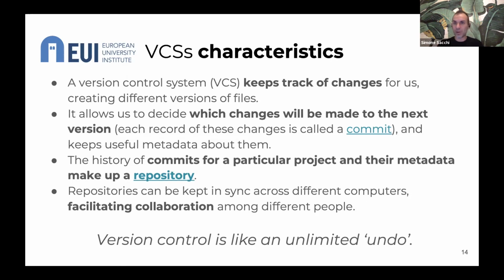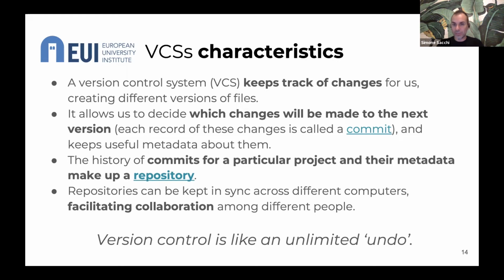A history of all the commits for a particular project, because the simple example is that you are working on one file, but it might be that you are not working only on one file, especially if you are writing a paper in, I don't know, LaTeX or other systems, or you are developing code, for example. Therefore, you might have several scripts that allow you to, for example, run a data analysis on your data.